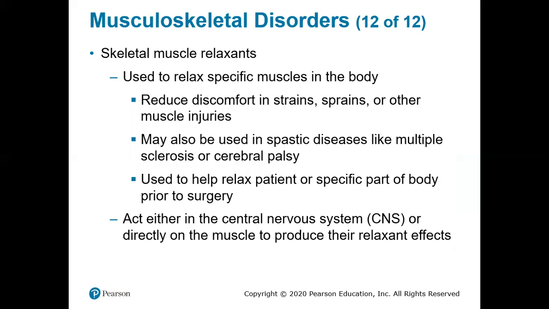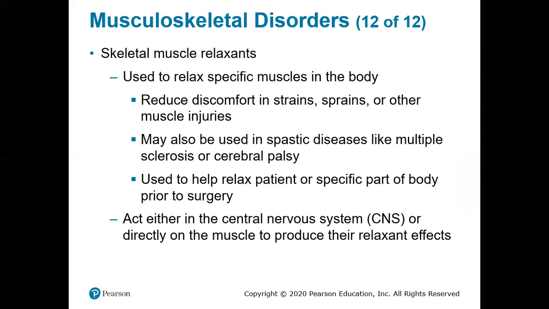So next we're going to look at skeletal muscle relaxants. Once again, just trying to find my place in the book. Page 431 on the right-hand side, sorry. The skeletal muscle relaxants are used to relax specific muscles in the body.